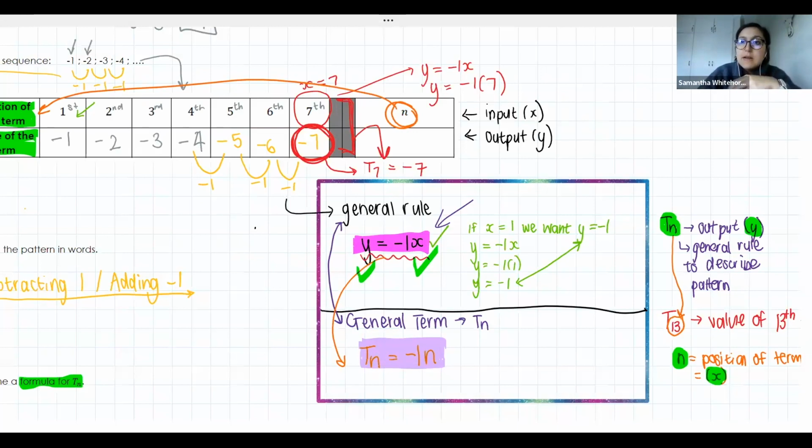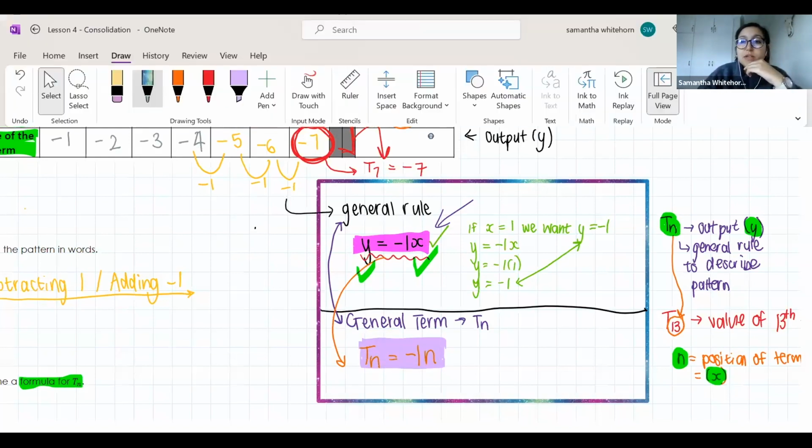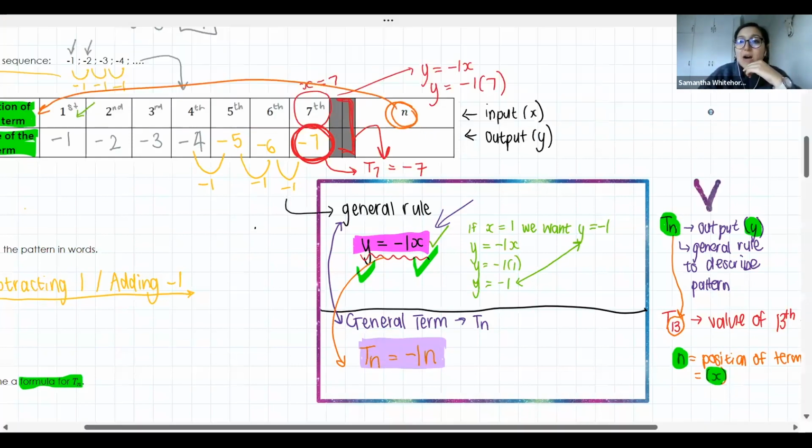It does make sense because this specific notation allows us to write in shorthand the value of a specific term, as I showed you with term 7. So it allows us to write information in a more concise way.